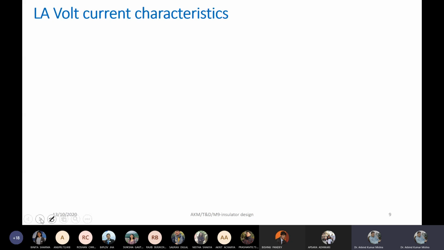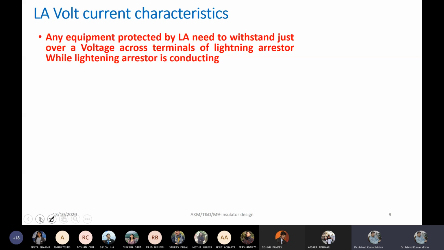Okay. So what we have discussed so far is what is expected whenever we put a lightning arrestor for any equipment for which it is designed. When I say any equipment protected by a lightning arrestor, you must remember that the lightning arrestor is not just put to protect the overhead line insulator.